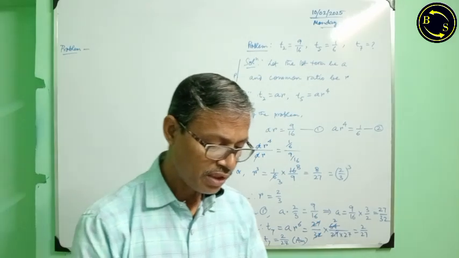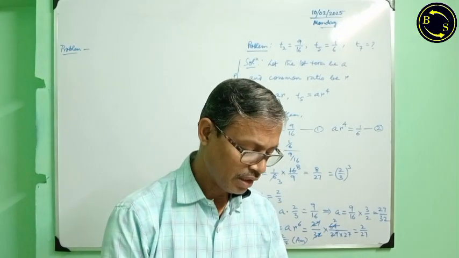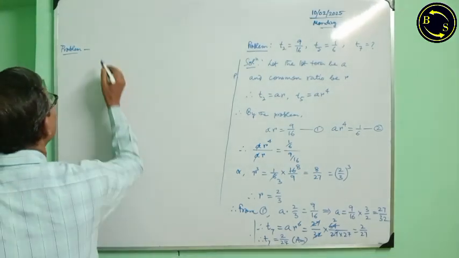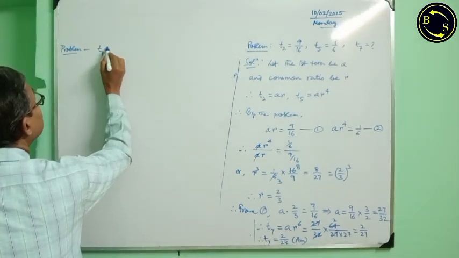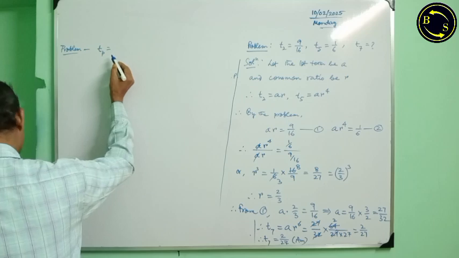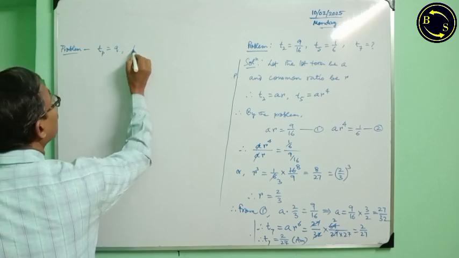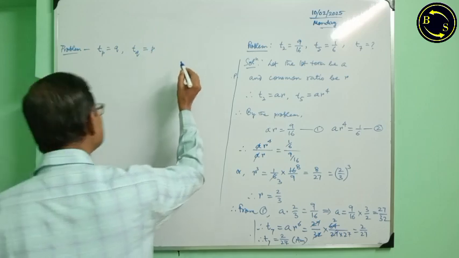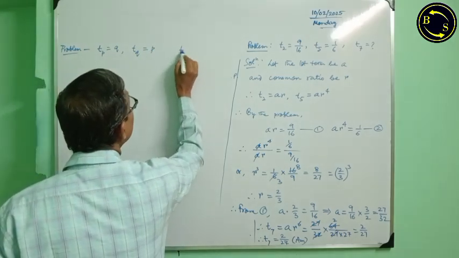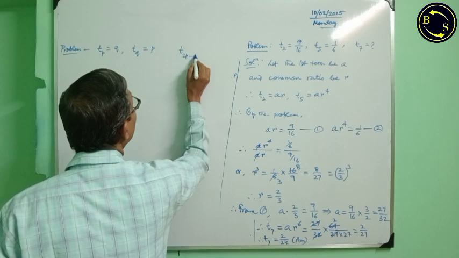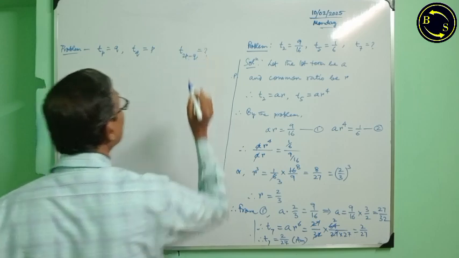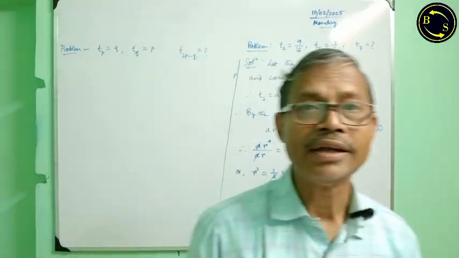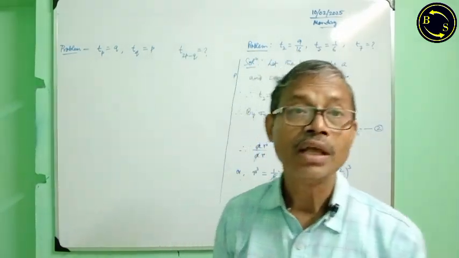Pth term of a GP is Q and the Qth term is P. We have to find the (P plus Q)th term. Tp is equal to Q and Tq equal to P. We have to find the term given the Pth term is Q and the Qth term is P.